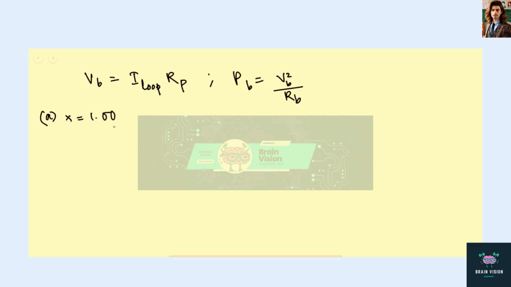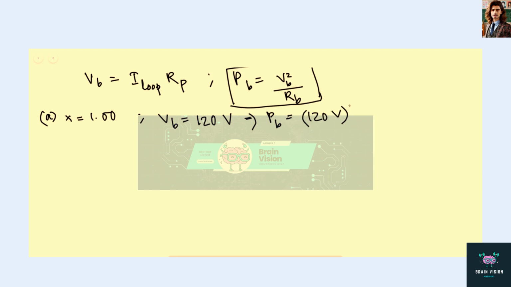In this case, the full battery potential is across the bulb, and therefore it's obvious that the voltage of the bulb is 120 volt, which means that the power of the bulb, given by this boxed equation, will be equal to V_B squared, which is 120 volt, over R_B, which is 240 ohms. Solving that, we get the power of the bulb to be 60 watt.